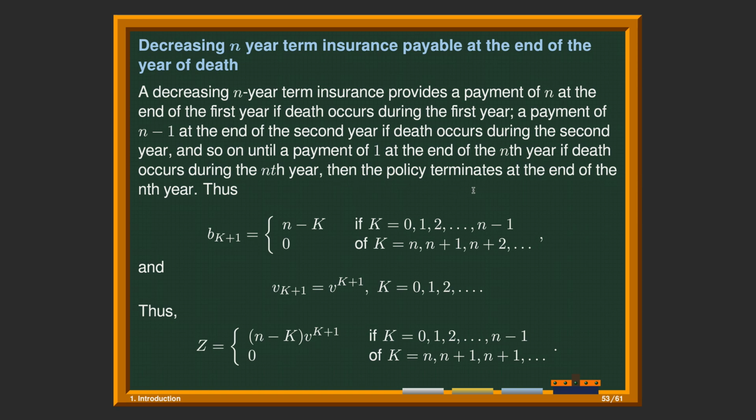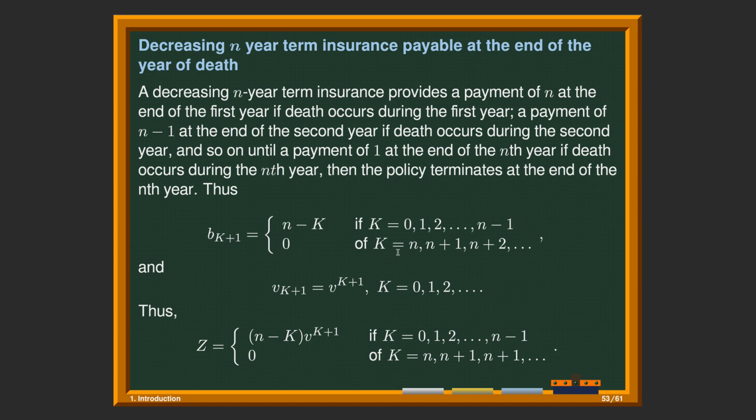And then the policy terminates at the end of the nth year. So the benefit function b sub k plus 1 takes this form. It's n minus k if k is 0, 1, 2, and so on until n minus 1.